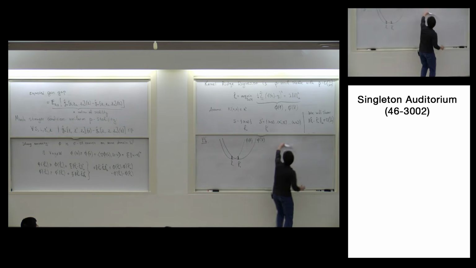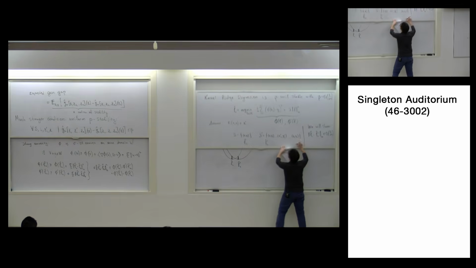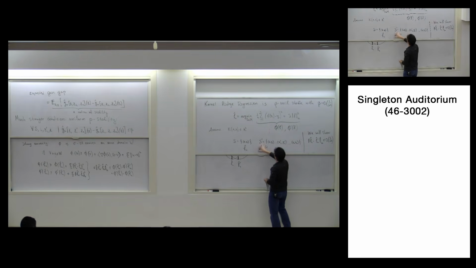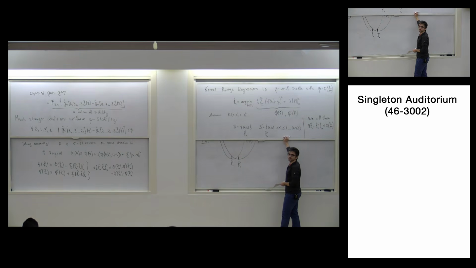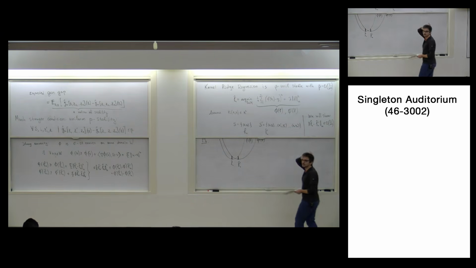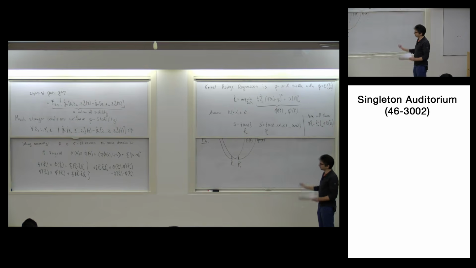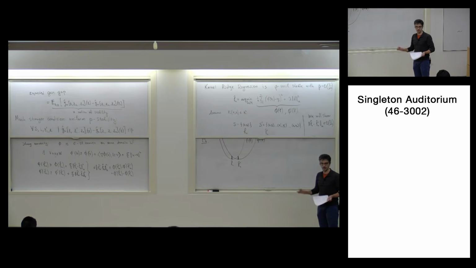Phi prime of f, yes, it's the one where you replace the ith guy by this new one. I'm shoving a bit of things under the rug, but everything works because this is a Hilbert space. Everything is nice.